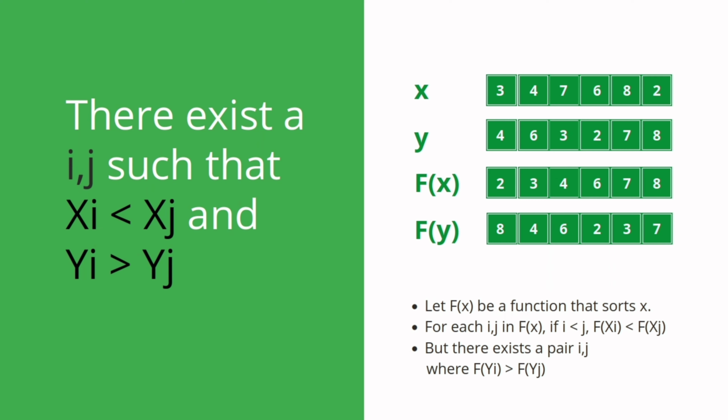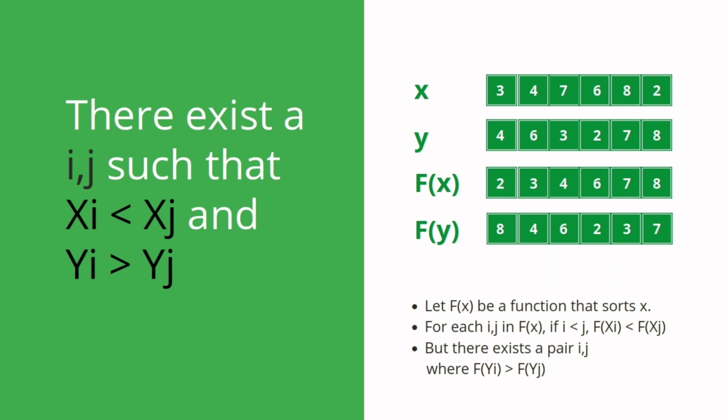Now, after applying this function, in f of x I have 2 in the first index, 3 in the second index and 4 in the third index. So I'll have to map it from y to f of y. In x, 2 was at the last index and in y 8 was at the last index.